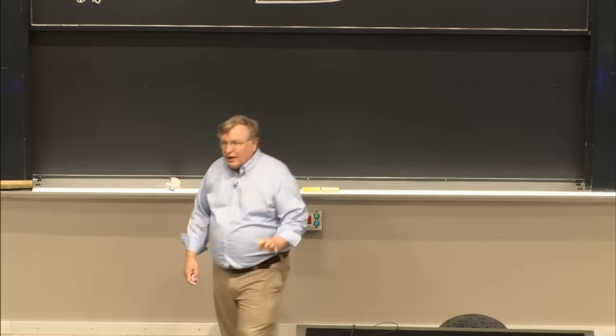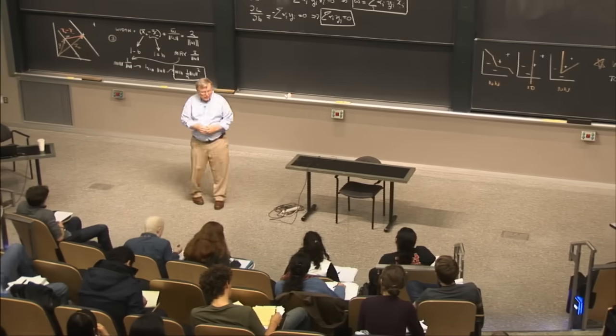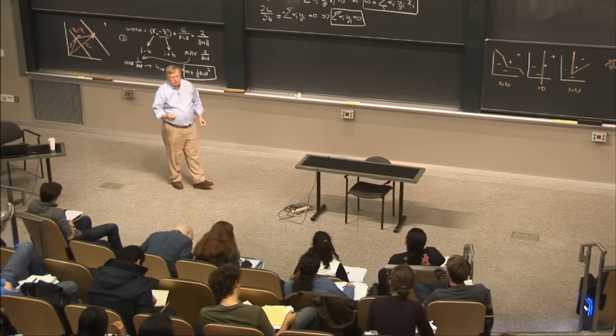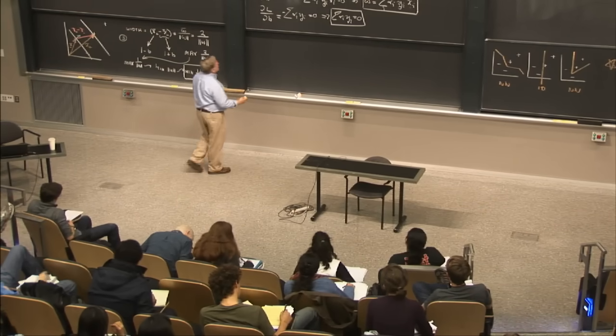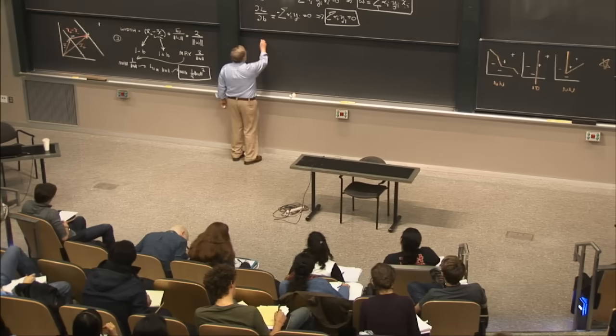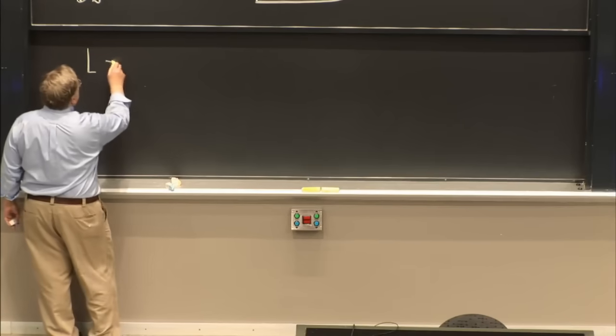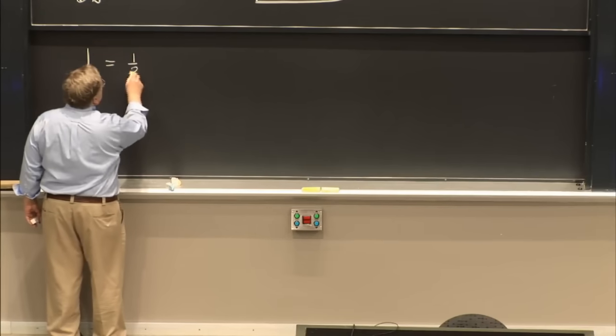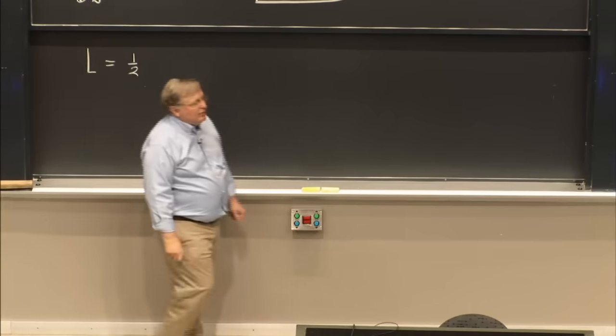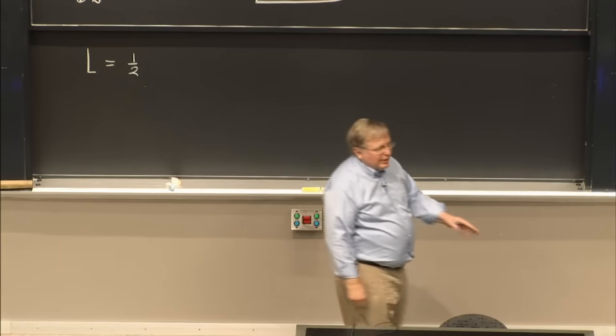Is everybody kind of relaxed, taking a deep breath? This is the easiest part. This is just doing a little bit of algebra. So the thing we're trying to maximize or minimize is equal to 1/2. And now we have to have the magnitude of those.